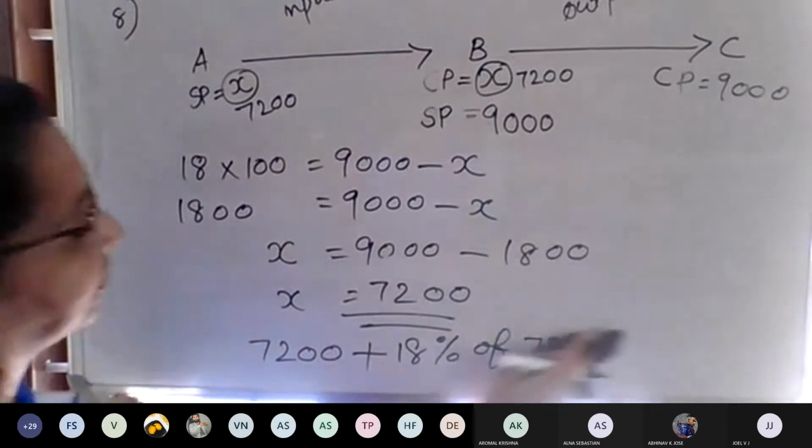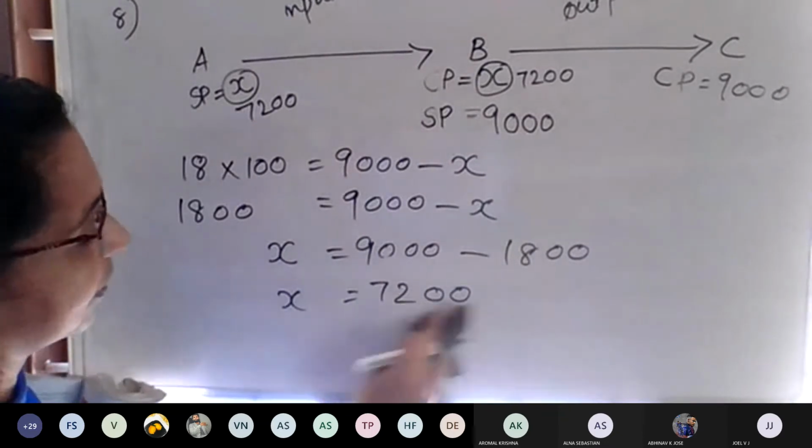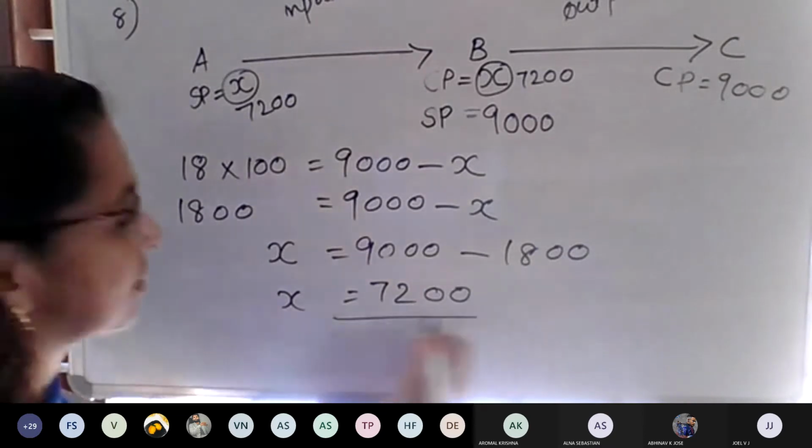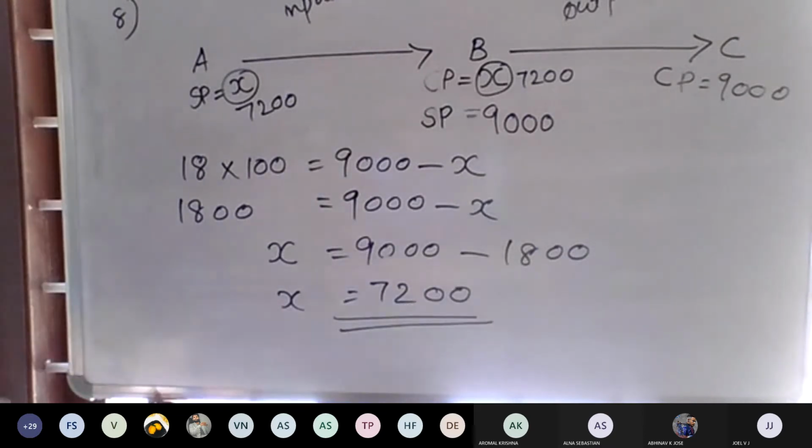So next step. They asked us to find the amount inclusive of GST. We got X is equal to 7,200.